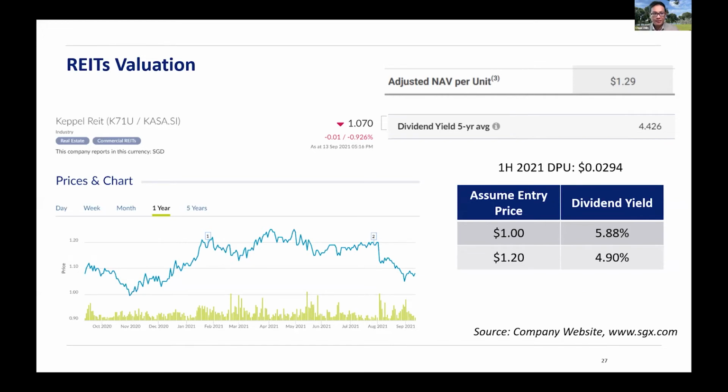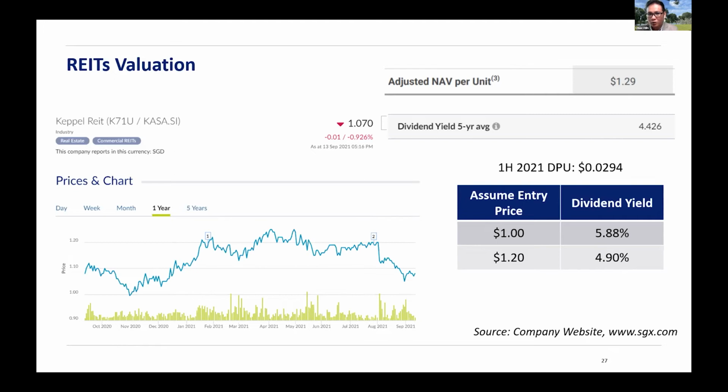Is a 5% yield good or not? Think about this. Let's say at the end of the day, we are buying properties here, so we should compare apple to apple. Don't tell me compare with Bitcoin or whatever. If you buy a physical property in Singapore, or Malaysia, or anywhere in Southeast Asia, is it easy to get a rental of 5%?